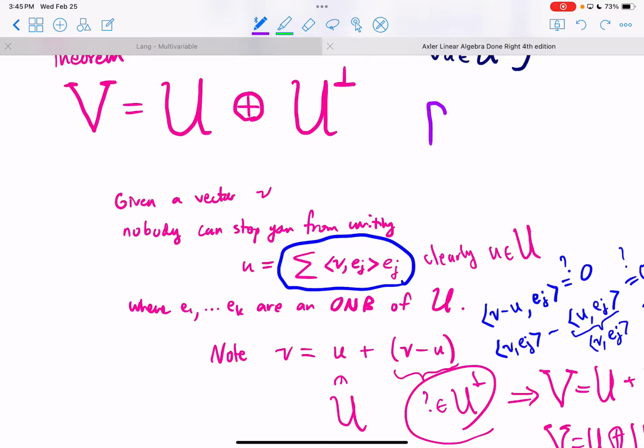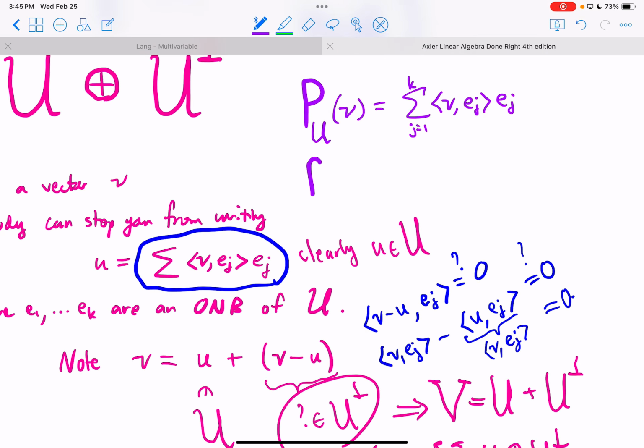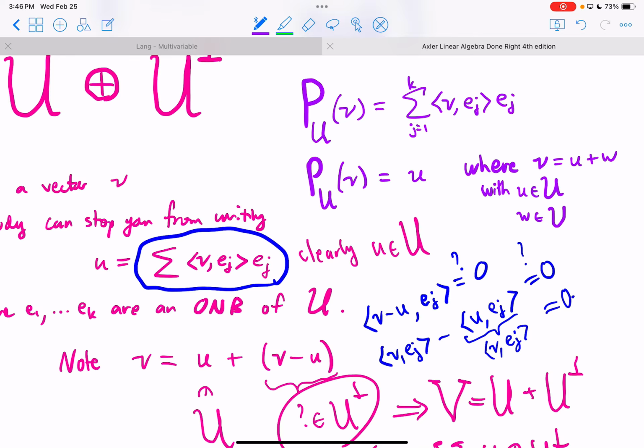So the orthogonal projection onto the subspace U of a vector V is going to be this: the sum of the inner products of V with e_j, times e_j, where the e_j are an orthonormal basis of U. Or another way to say this is that P_U of V equals the little u, where V equals u plus w with little u in big U and little w in U perp.